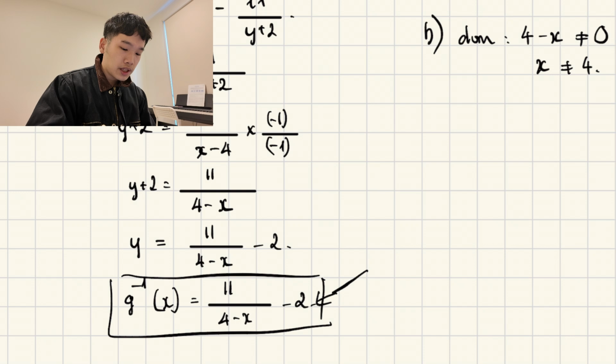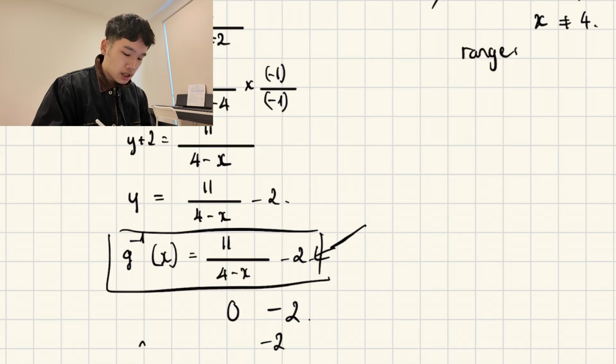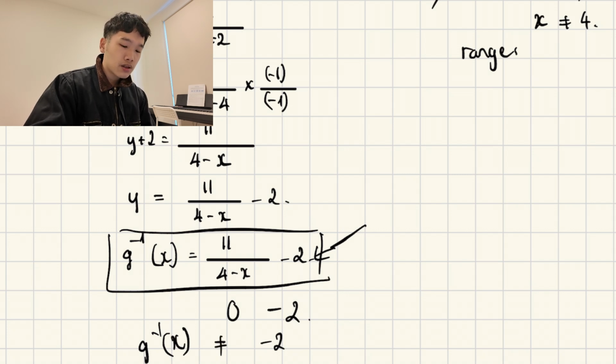And the range is, because this can't be 0, the whole thing can't be 0 minus 2, which means that g inverse can't be negative 2. So the range is just y not equal to negative 2.